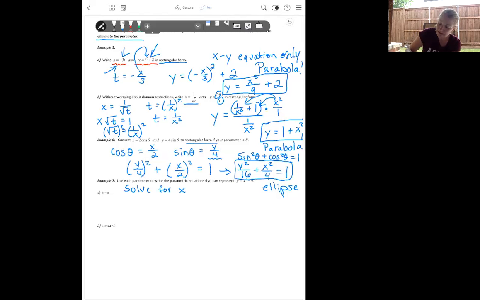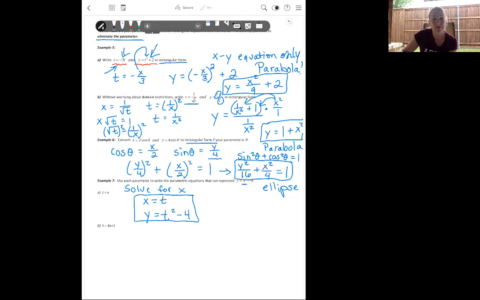Okay, well, that makes this easy. If t equals x, then that means x equals t. Now, since x equals t, in this equation, anywhere you see an x, plug in what x equals. So y equals t squared minus 4. There's your set of parametric equations.